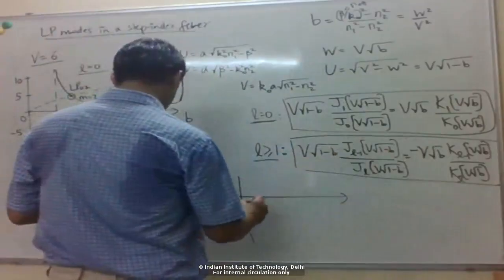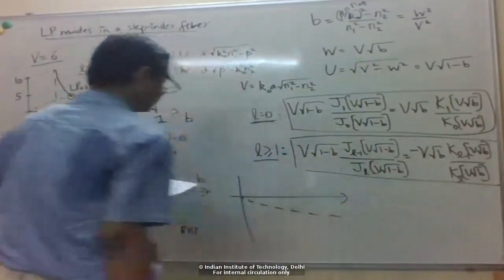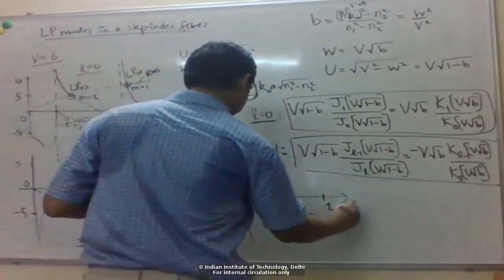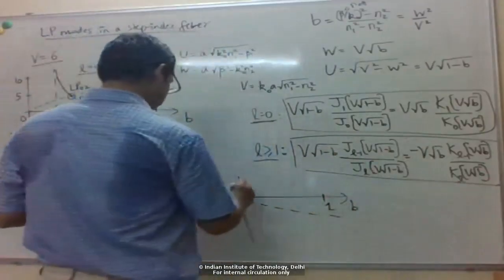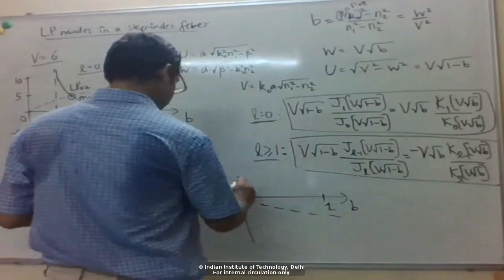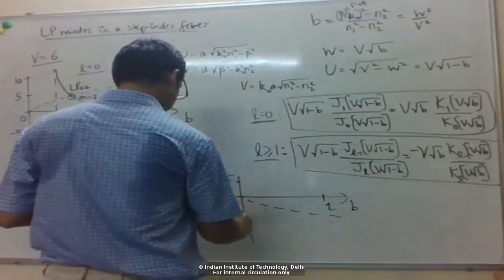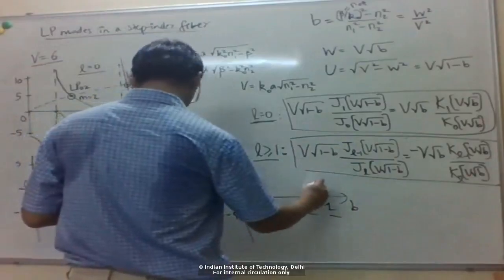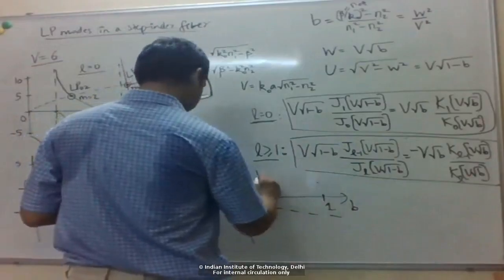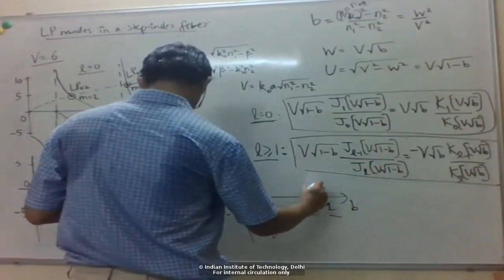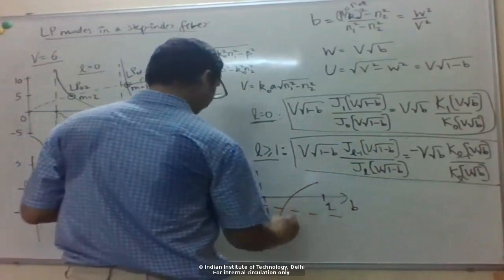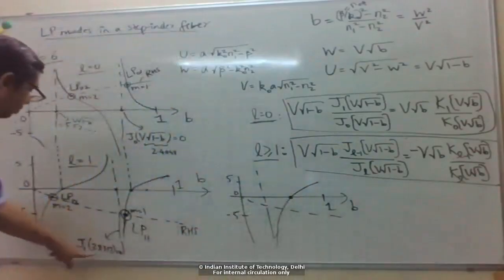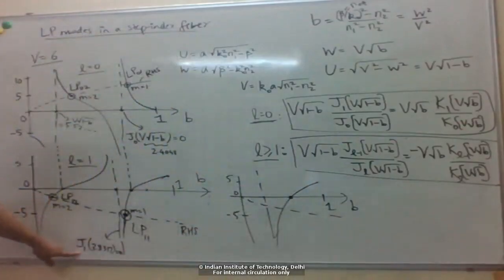So again, the right hand side looks like this. Yeah, again, the left hand side starts from here. It crosses 0 when you encounter the root of J1, right?